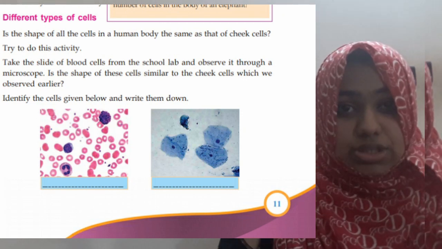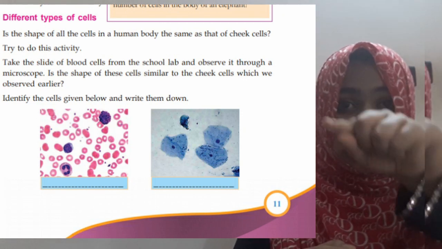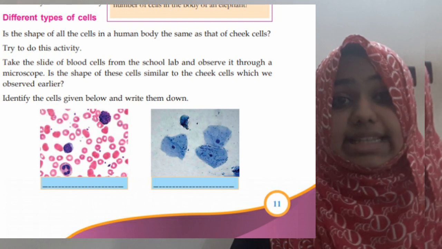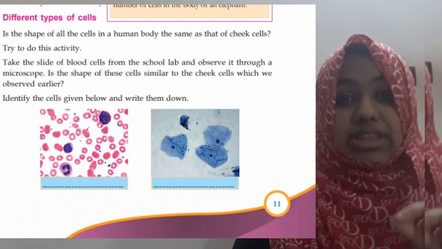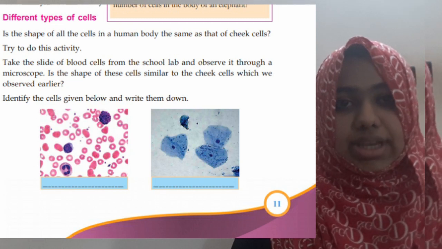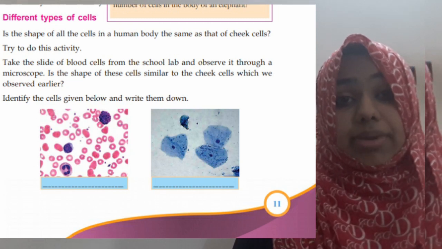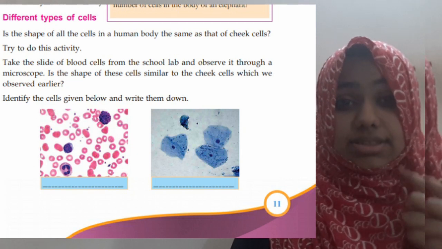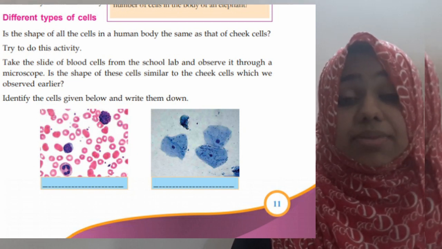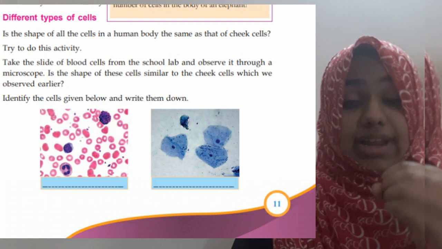Last activity we saw they took a rectangular shaped glass piece, that is called a slide. There will be an already made one with the blood cells, okay? We have to observe it through the microscope. The cheek cells had an irregular pattern, okay? And the red blood cells have a round flat shape.